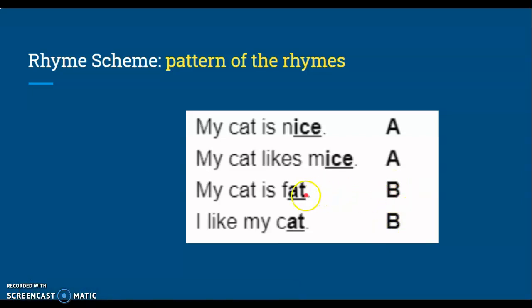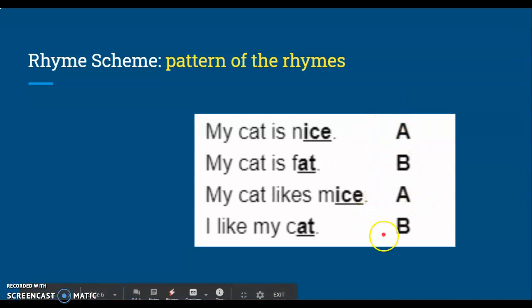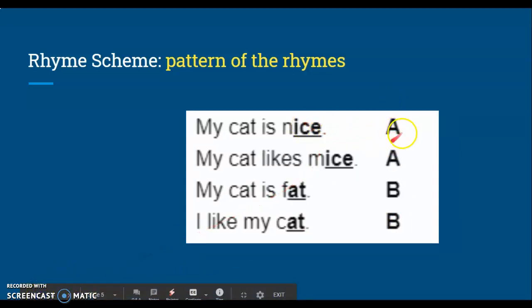Well, it's not an A because fat doesn't rhyme with nice and cat doesn't rhyme with nice. Instead, they rhyme with each other, fat, cat. So they get the letters B and B because they rhyme with each other. So when I look over here, I can automatically tell which lines rhyme with each other. These two rhyme and these two.